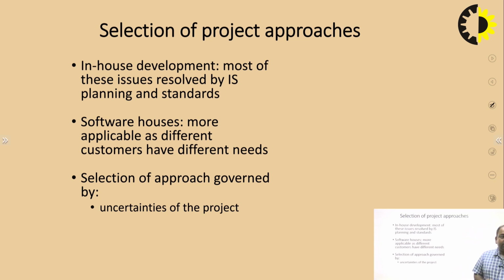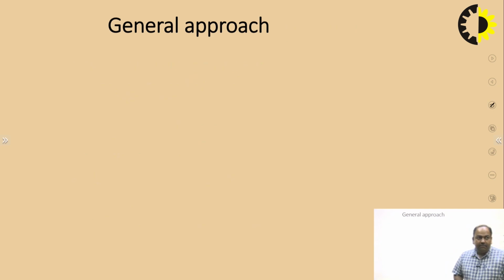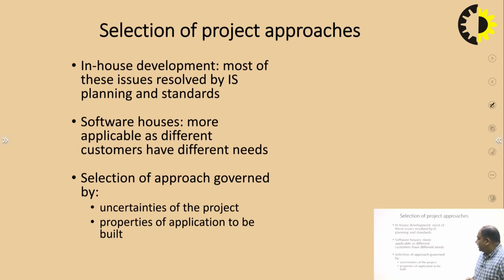Then the selection of the approach is governed by the uncertainties of the project and the properties of the application to be built. What are the uncertainties of the project? They mean the project has some unique features which cannot be handled by just anyone.